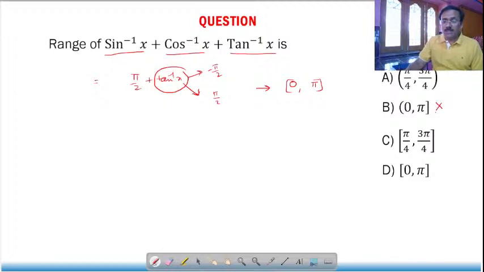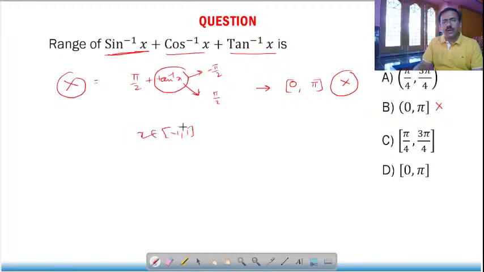But friends, this is absolutely wrong. Most of the students go with this option or this procedure. But friends, before you apply the range, you observe the domain. Sin inverse x is meaningful only when x belongs to minus 1 to 1.